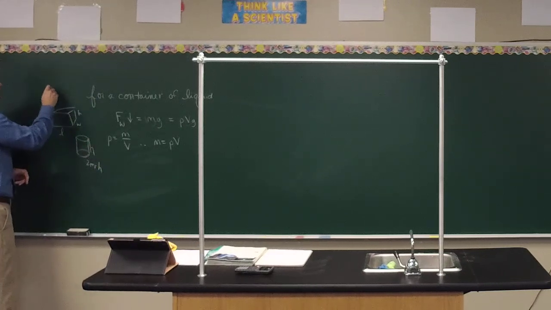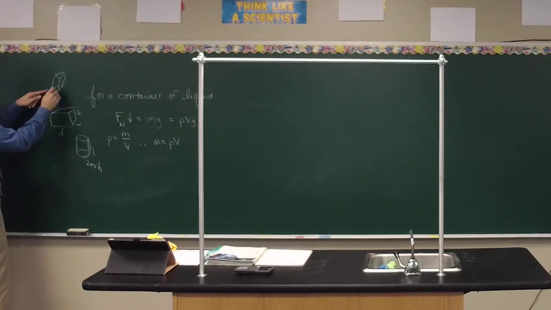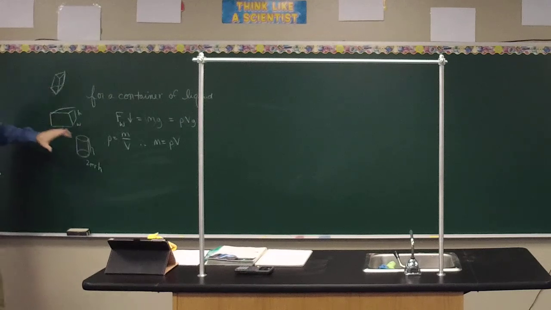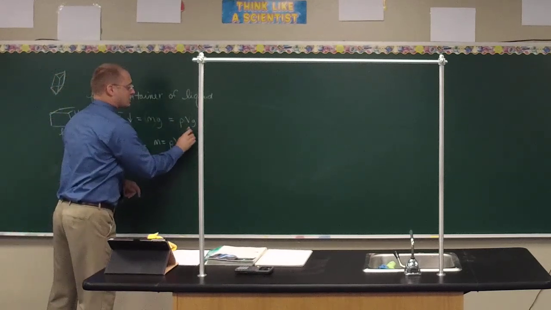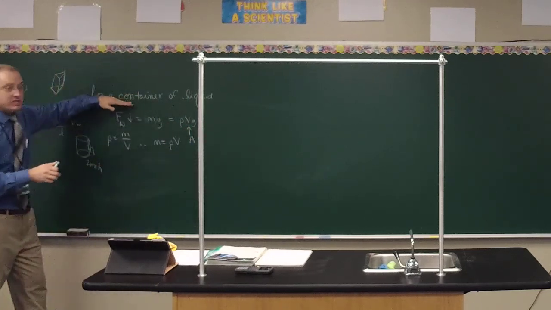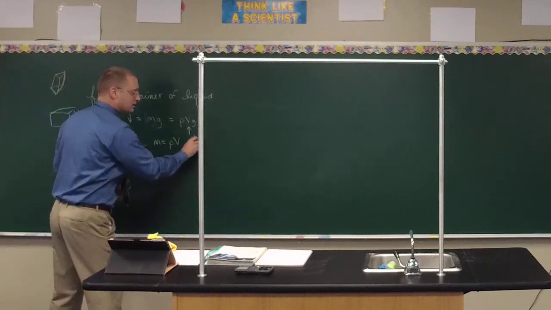In fact, we said really for any prism, maybe a triangular prism, you'd have to get the area of the bottom times the height. So volume then loosely could be defined as cross-sectional area of whatever this container is times height.